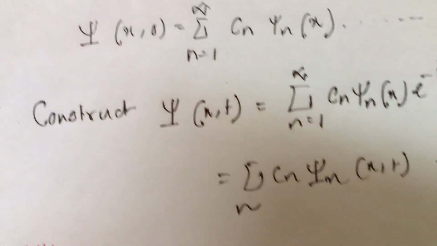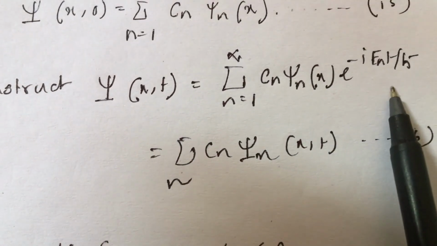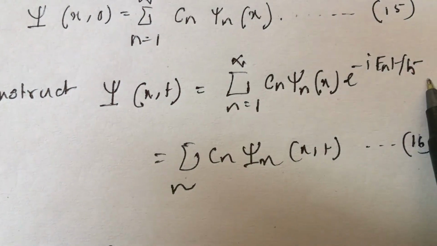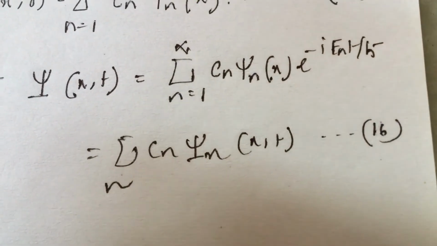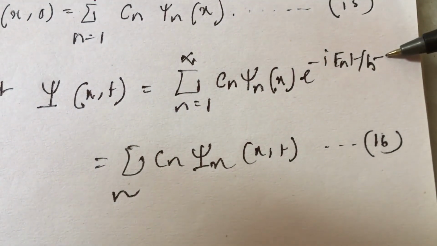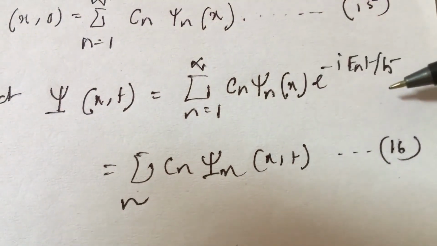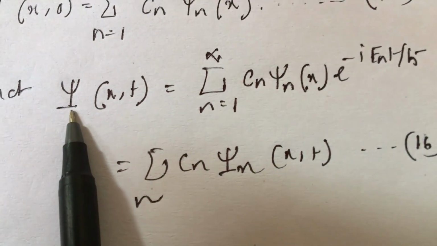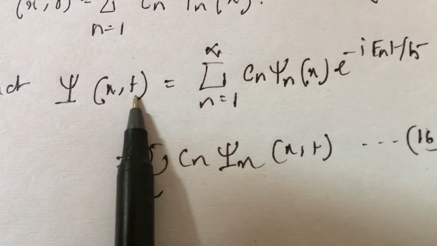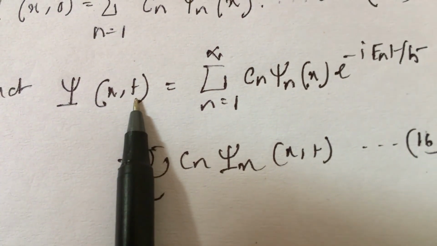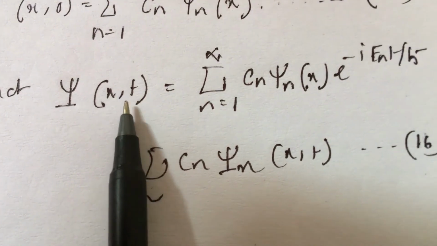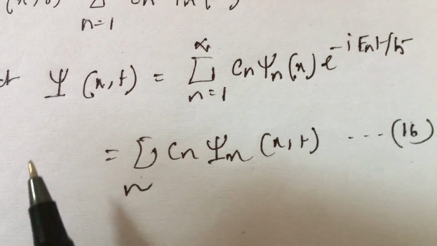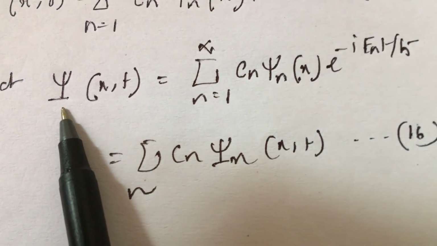Then I have the time factor e to the power minus i E_n t by h cross, and just by introducing this to the spatial part of the wave function, I will get the value of the wave function capital Psi at a subsequent, later time, small t. So here, by superposing this, I will get the capital Psi.